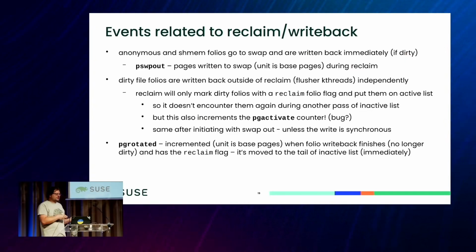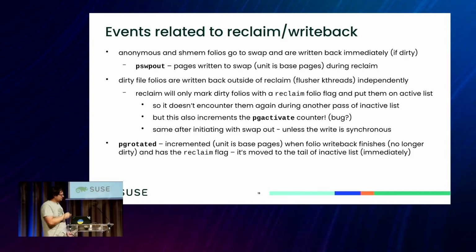And now the trick is that when the write back finishes, or the swap out, the handler of the write back will see that we've set the reclaim flag there, and what it does, it immediately takes it again away from the active list and puts it to the tail of the inactive list, because now the folio is clean and reclaim can immediately see it and reclaim it on its next scan of the inactive list.